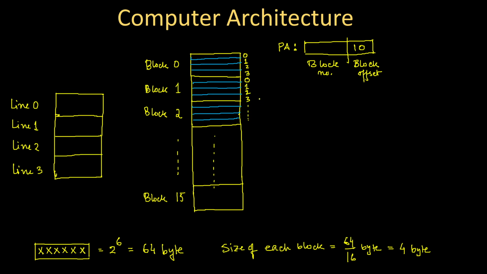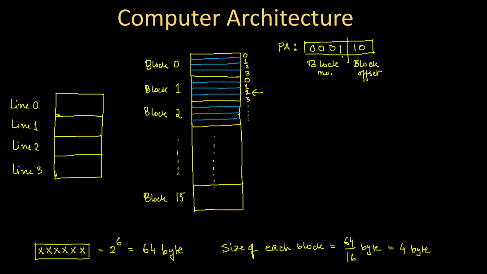So if data is present in this particular block, this 2 that I have written in decimal will actually be 10. And this is block number 1, so naturally the address will be 0001 10.